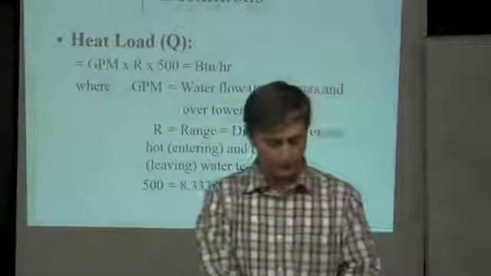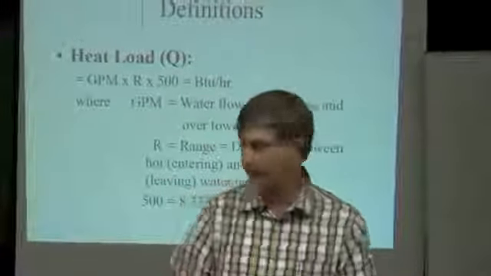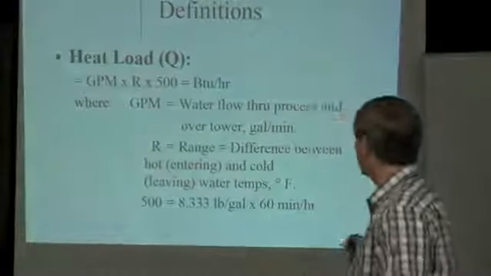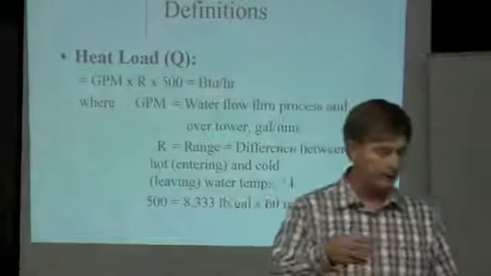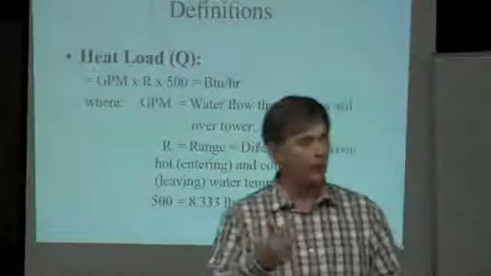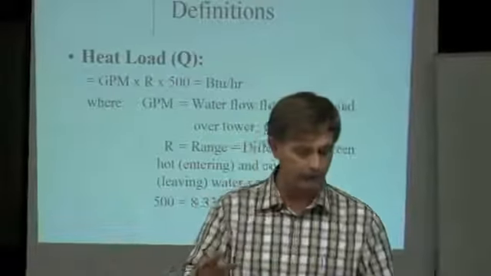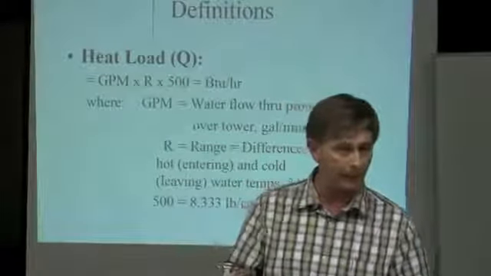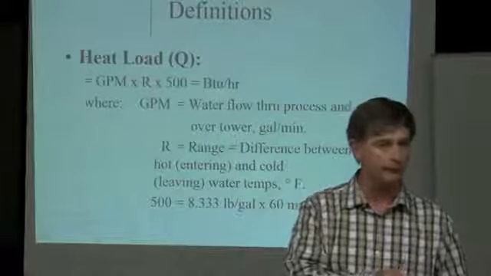If you look at the BTU formula on your formula sheet, it matches that. If you look at the second formula on your sheet, your tons equals your delta T times your GPM divided by 24. That's assuming you're on the evaporator side.